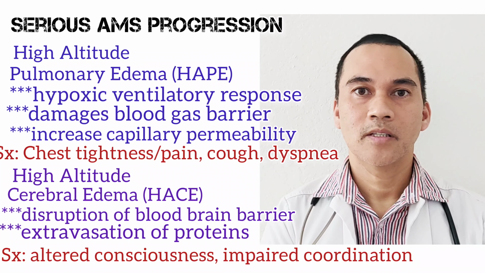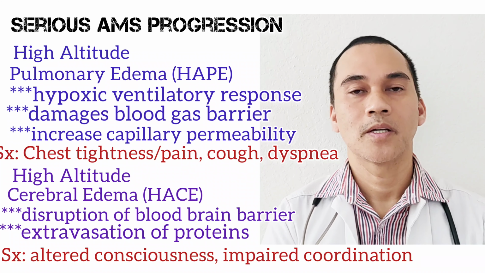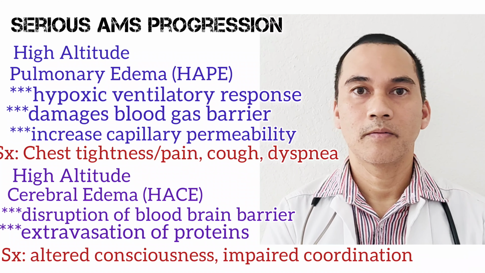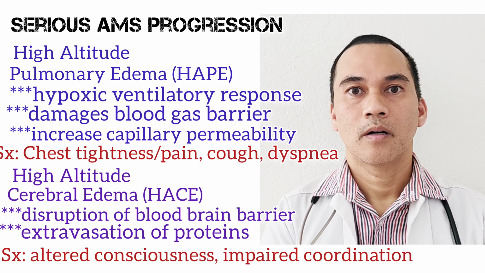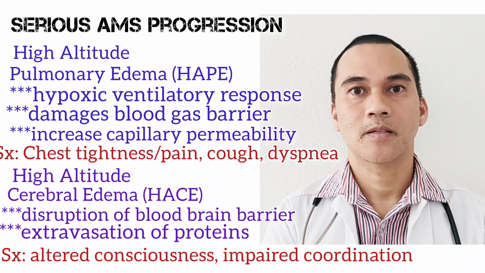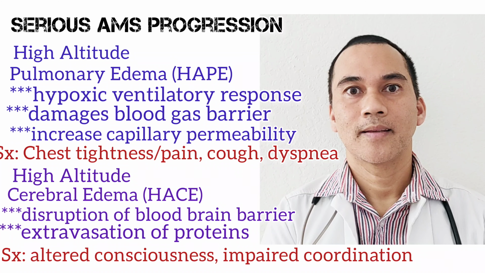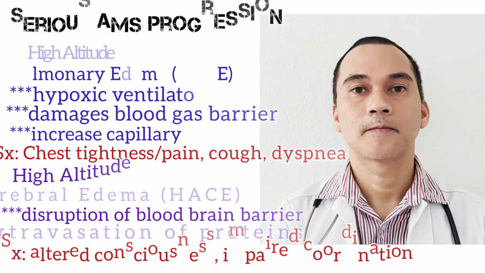And the symptoms are the same as AMS, but it progresses into a more severe form. So you will have a decreased level of consciousness, problems with balance, and then slurred speech.